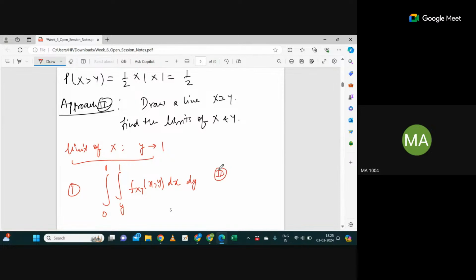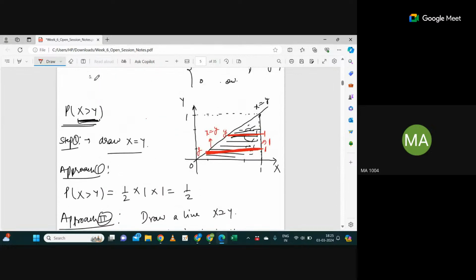Another thing you can do is the reverse order. Suppose you want to find the limit of y first. Then I will draw a line parallel to the y-axis. This blue line is parallel to the y-axis. Then what is the limit of y?